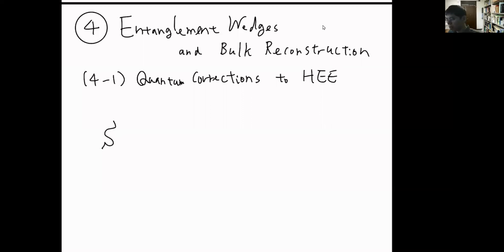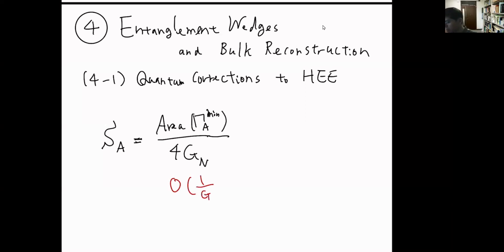As we saw yesterday, at the leading order, we're talking about the classical gravity theory. Then we have a simple entanglement entropy formula, which is just the area of this minimal area surface, divided by 4 G Newton. So this is order 1 over G Newton. This is classical gravity.